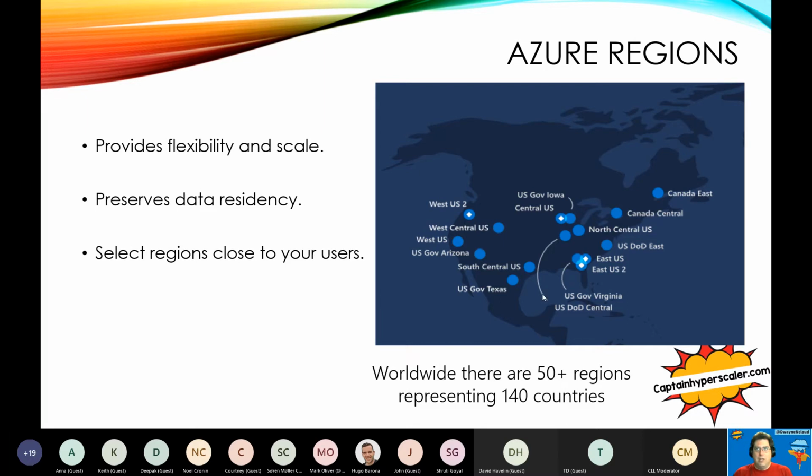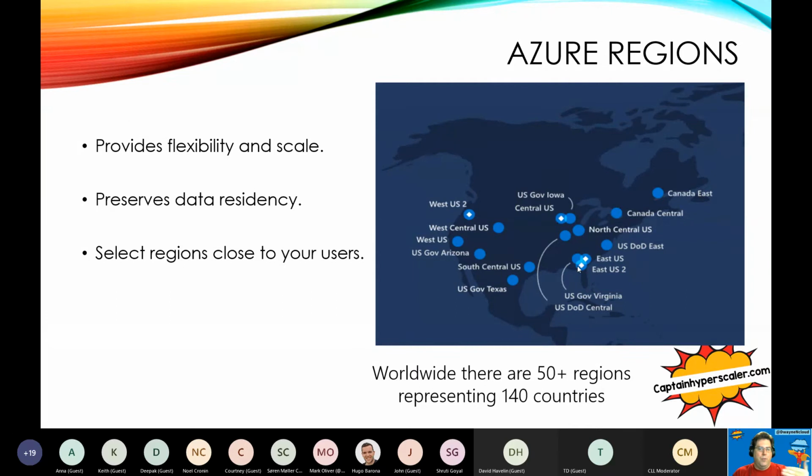When you look at the United States, for example, you can see that there are a lot of geographic regions within here, and that provides the ability to choose a region that's closest to you to decrease latency, as well as provide some resiliency within the environment.